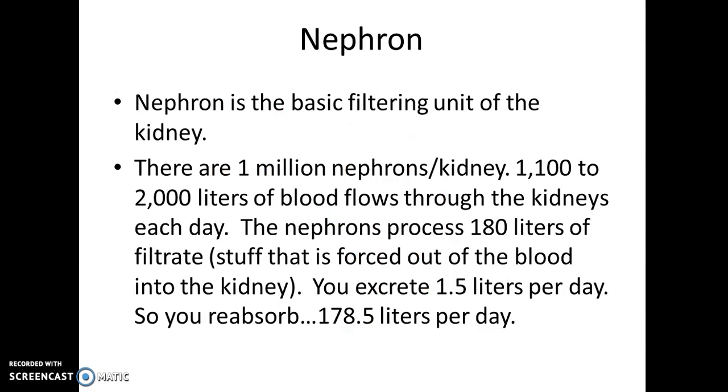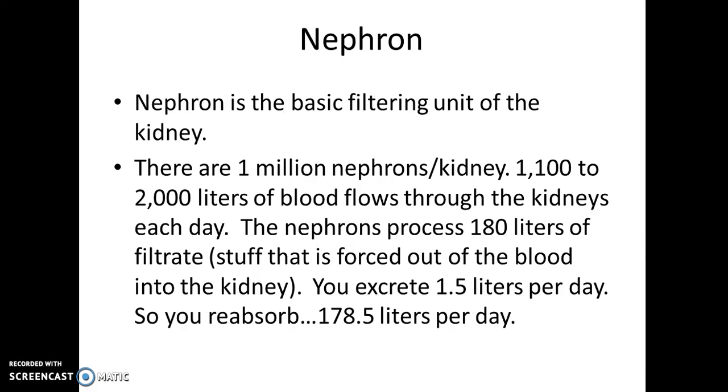The nephron is the basic filtering unit of the kidney, and there are 1 million nephrons per kidney. 1,100 to 2,000 liters of blood flow through the kidneys every day, and 180 liters of filtrate are forced into your kidney every day.